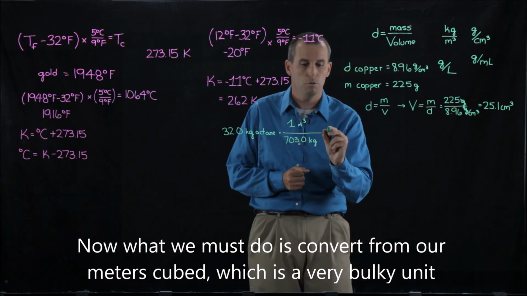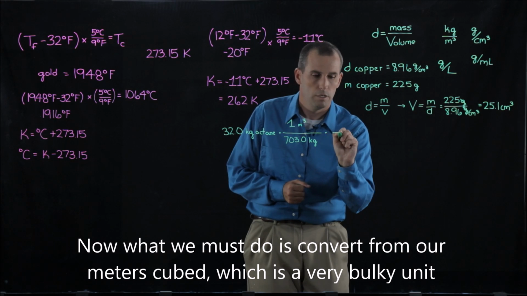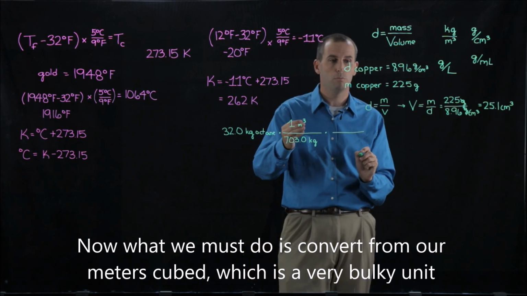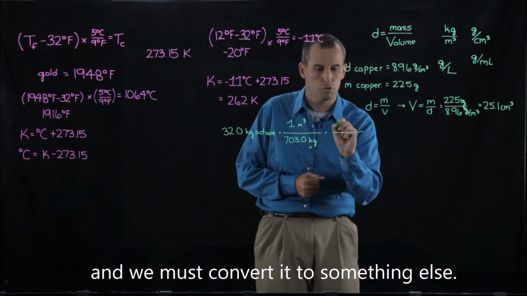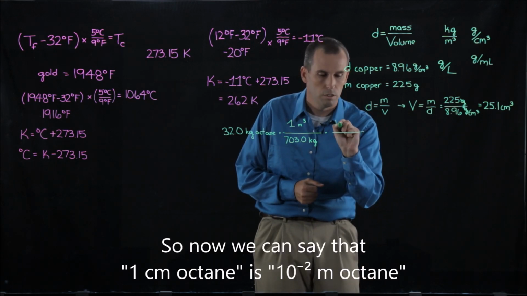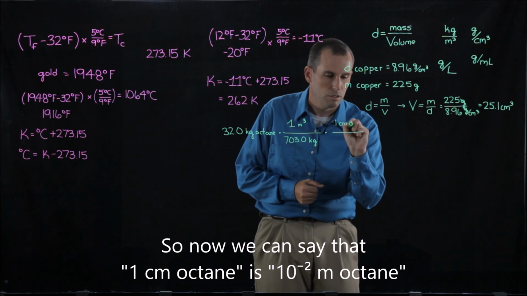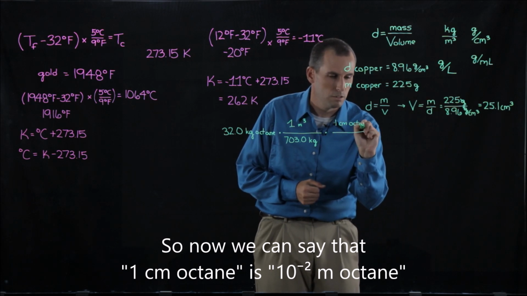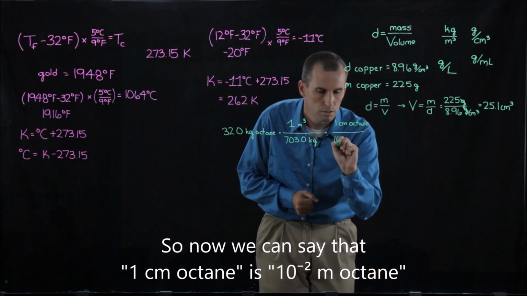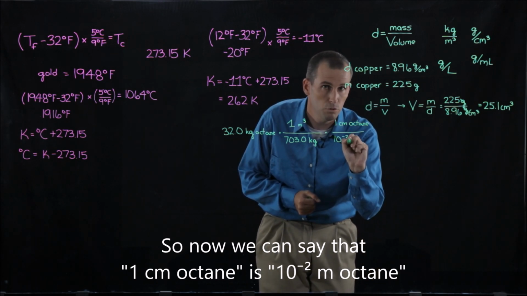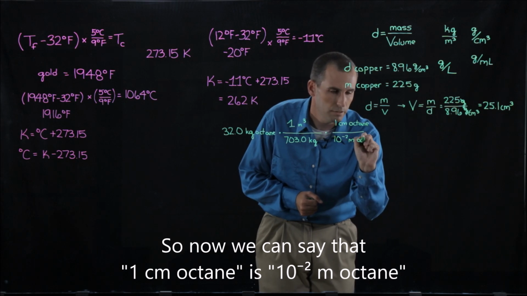Now what we must do is convert from our meters cubed, which is a very bulky unit, to something else. So now we can say that 1 centimeter of octane is 10 to the minus 2 meters of octane.